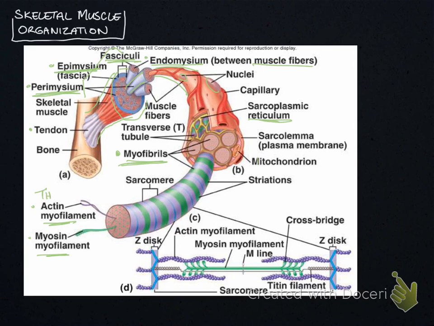This is the thin, and this is the thick. The fact that one is thick and one is thin gives us these stripes here that make up the sarcomeres. A sarcomere is just a unit of the myofibrils. Okay? So make sure that you know this organization of the skeletal muscle tissue, and we'll come back to this in a little bit.